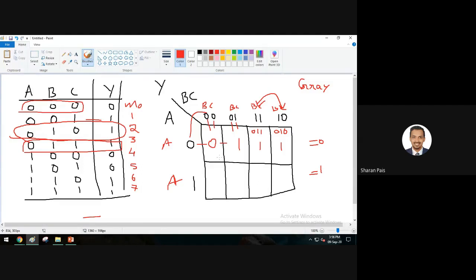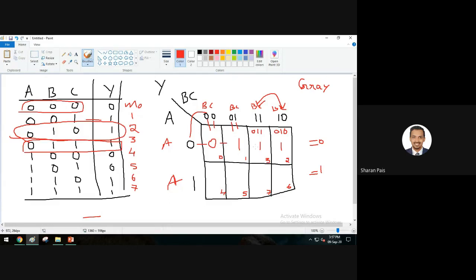So the positions are 0, 1, 2, 3, 4, 5, 6, 7. Fine. This is how to fill. The positions of the last two columns are interchanged.